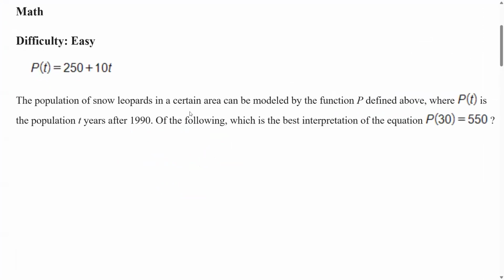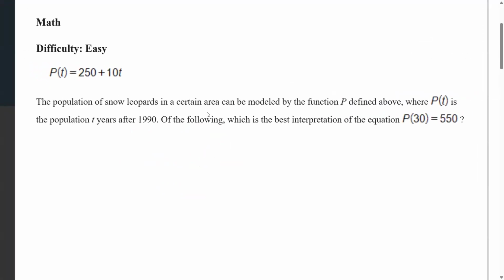The population of snow leopard in a certain area can be modeled by the function, where B of t is the population t years after 1990. Which is the best interpretation of the equation B of 30 equals 550? Okay, this is easy. So this is basically the number of population.